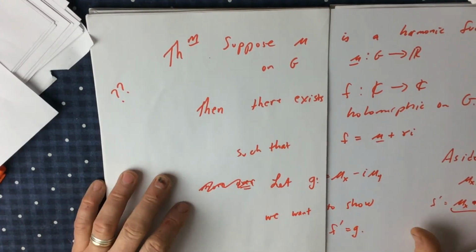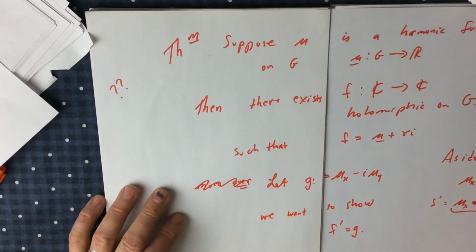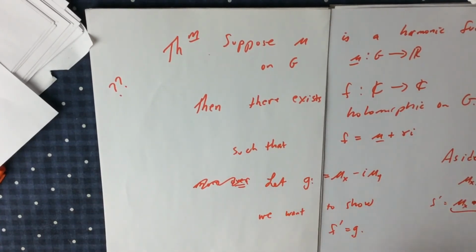That's going to be really cool, because if we can show that, then we've proved exactly what we're looking for, that harmonic functions only occur as a consequence of the existence of holomorphic functions whose derivatives can demonstrate the harmonicity of the function.